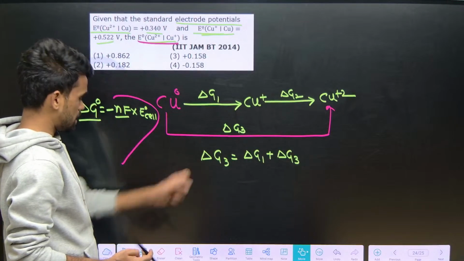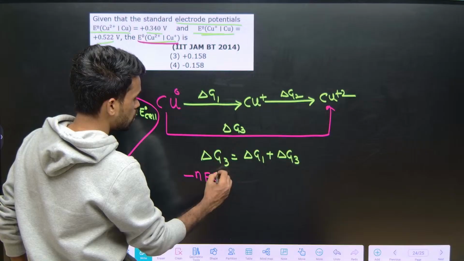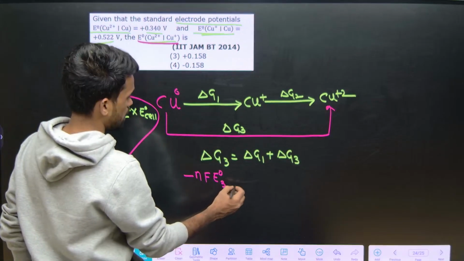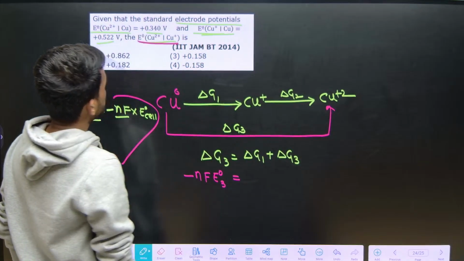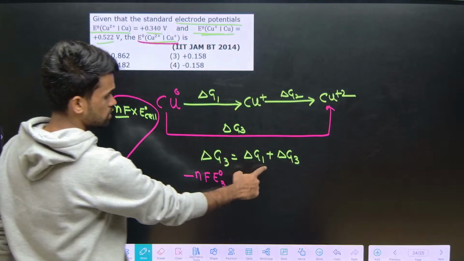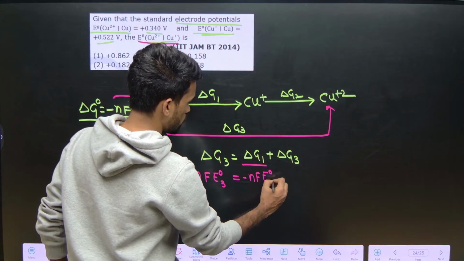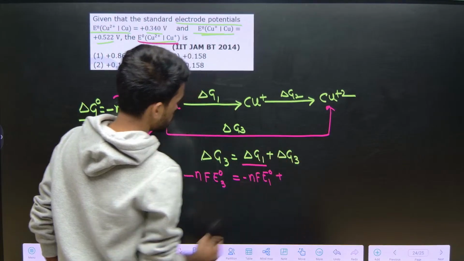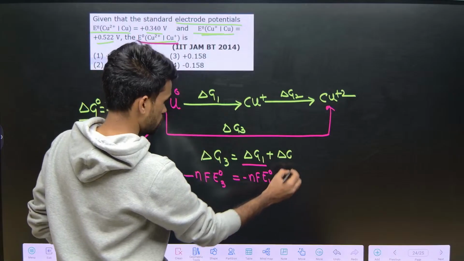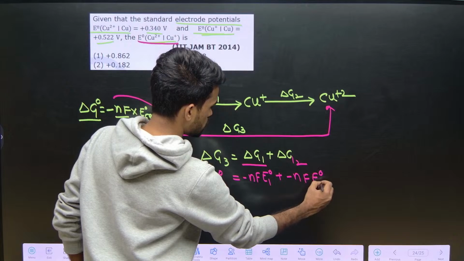In the place of delta G3 you can write minus nFE0 3, along with this minus nFE0 1, and this one minus nFE0 2.